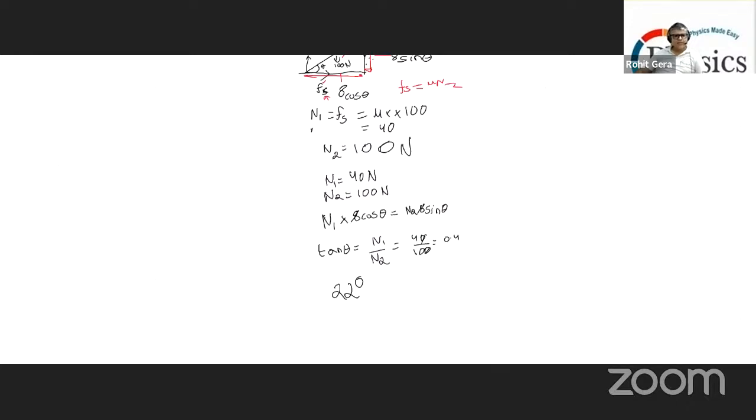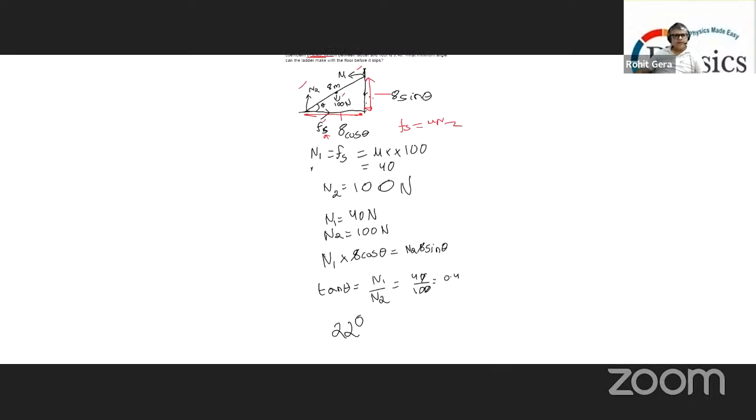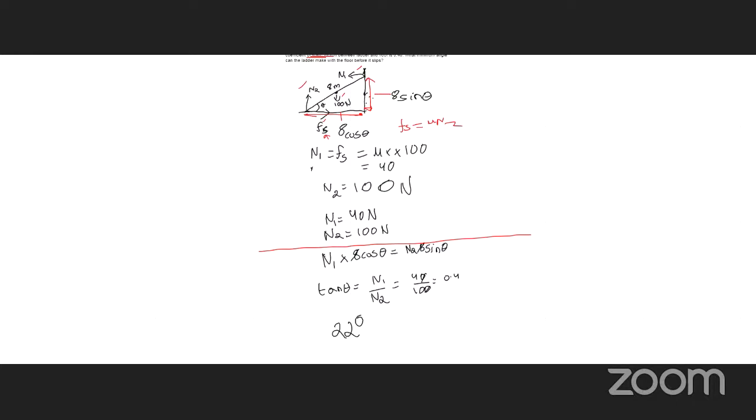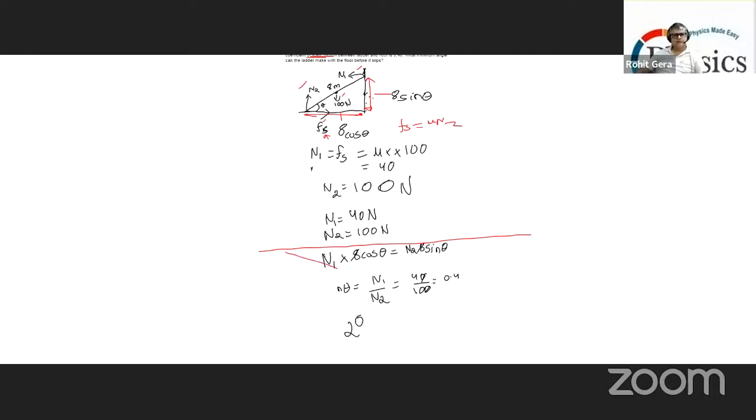N1 multiplied by N1, about what point have you taken the torque? You have not written it anywhere. N1 into 8 cos theta, so around which point have you taken it? You multiplied N1 by 8 cos theta. I guess I did it the wrong way, by mistake.